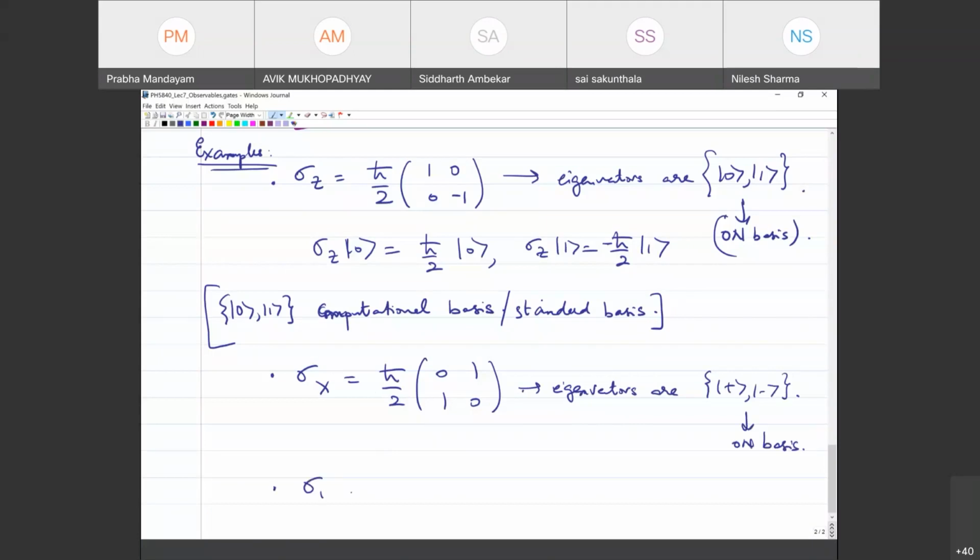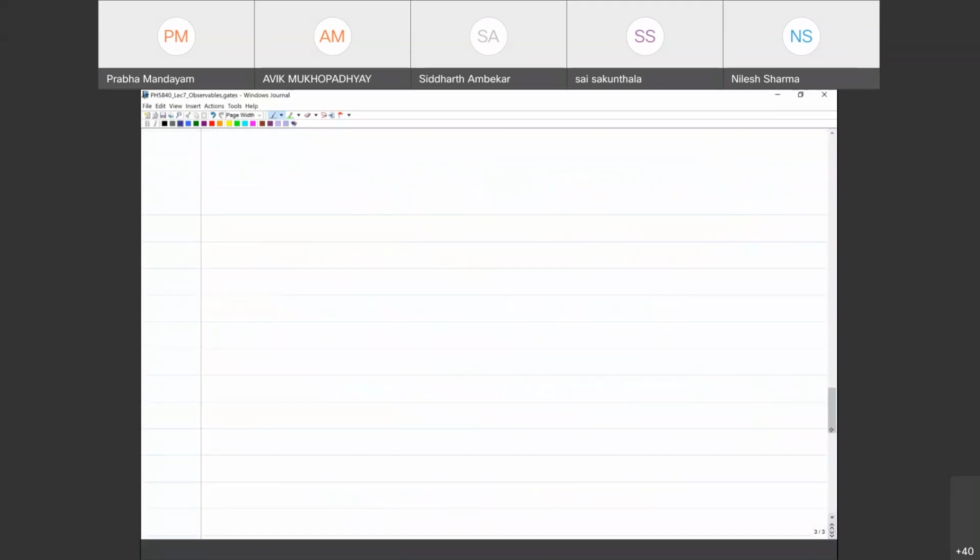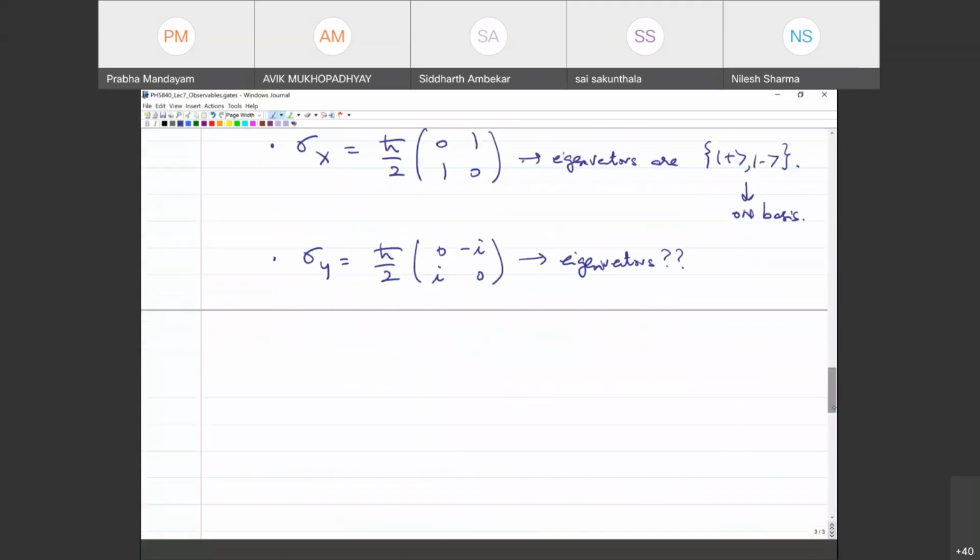Sigma y. What are the eigenvectors of this? Plus i state and minus i state. Okay, very good. So these are actually the plus i and minus i states. Remember, we had defined this earlier. So plus or minus i is nothing but 0 plus or minus i times 1, divided by root 2, right?